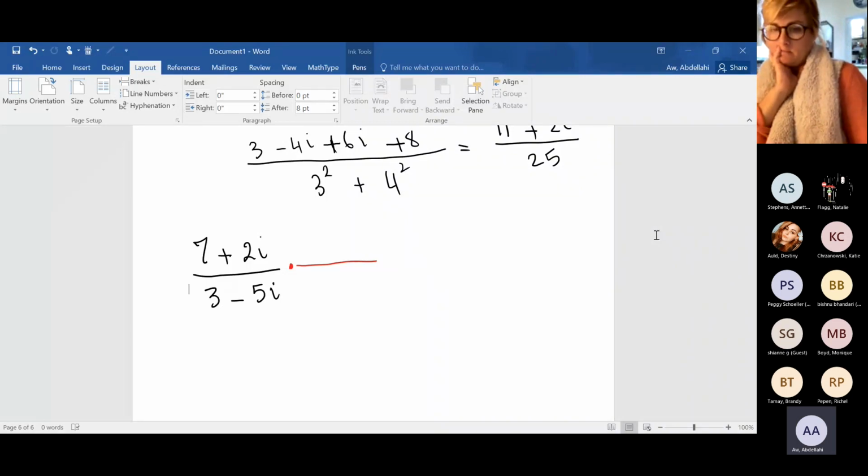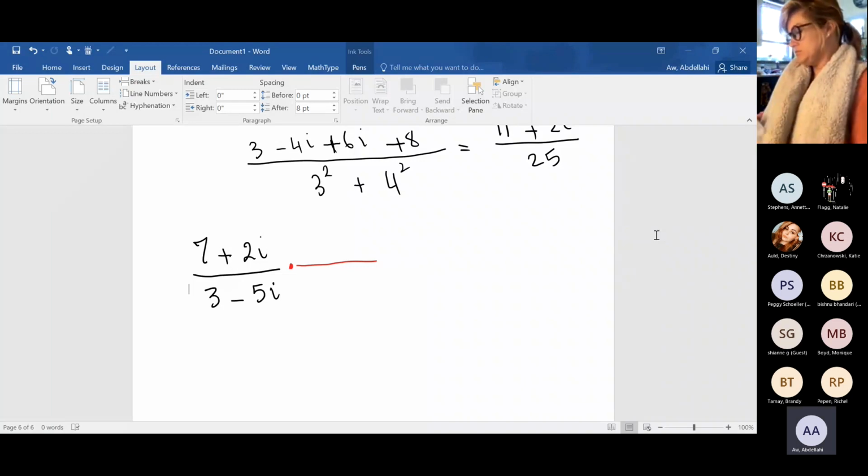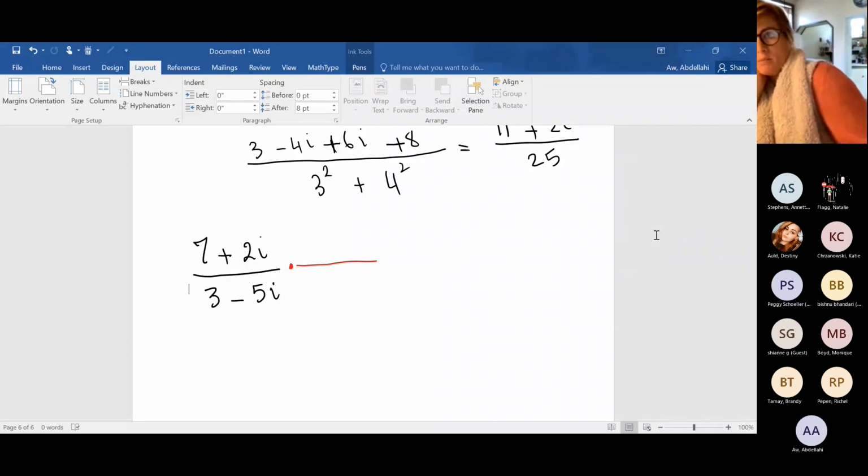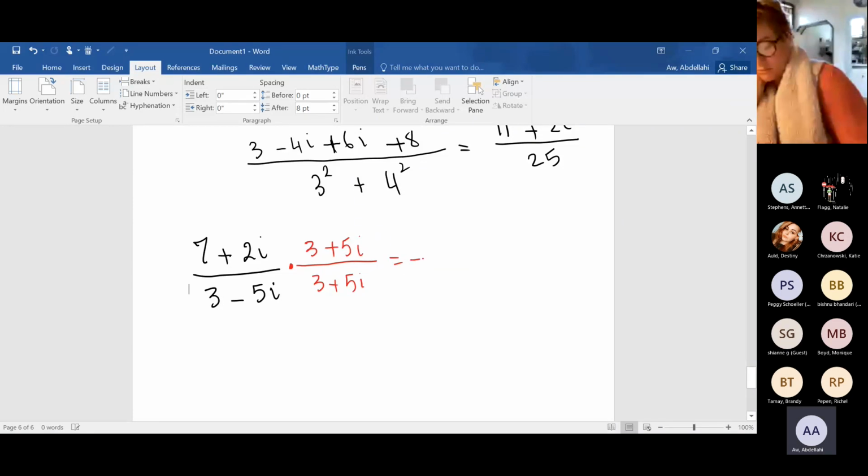So here, what do we need to multiply and divide by? The conjugate, which is 3 plus 5i. Thank you. 3 plus 5i, 3 plus 5i. When we do so, what's going to be my new denominator?